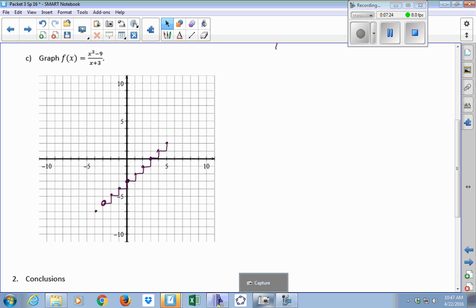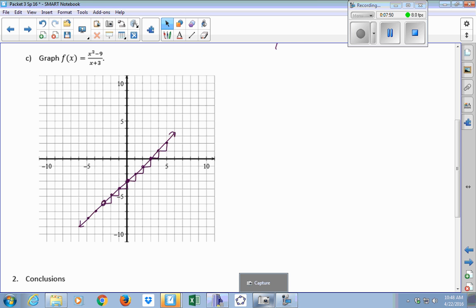So this thing looks just like the straight line that goes through 0, negative 3, and 3, 0 with a slope of 1. Exactly like the straight line with one little teeny exception. It has a hole at x equals negative 3. No, there's no vertical asymptote here.